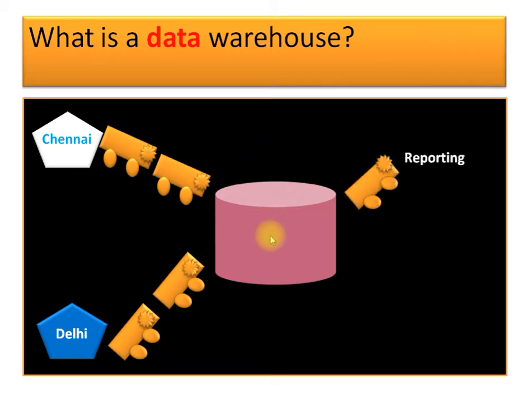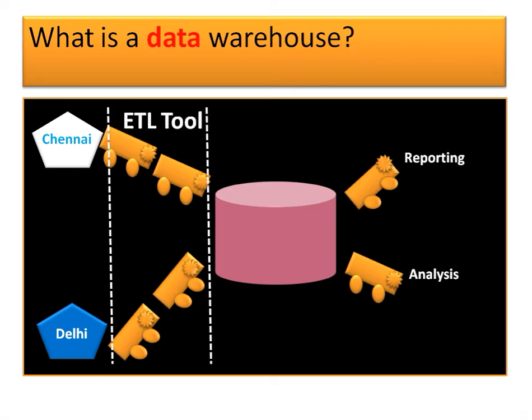From the single database, we can use it for reporting or analysis purposes. This data movement will be done by ETL tools. There are a lot of ETL tools available in the market. In upcoming sessions and videos, we will be seeing them.